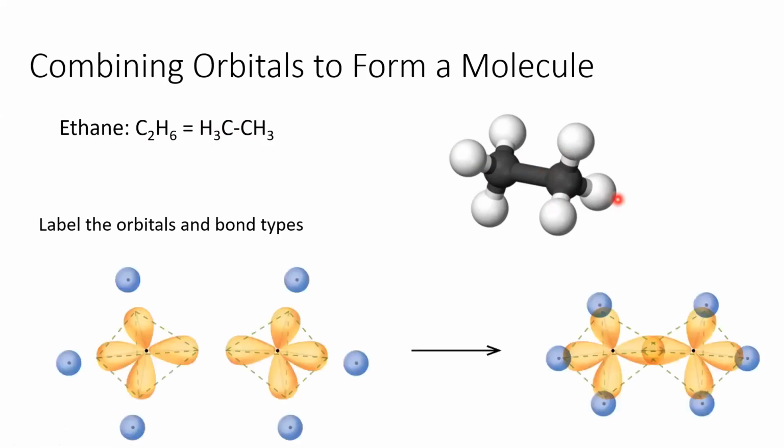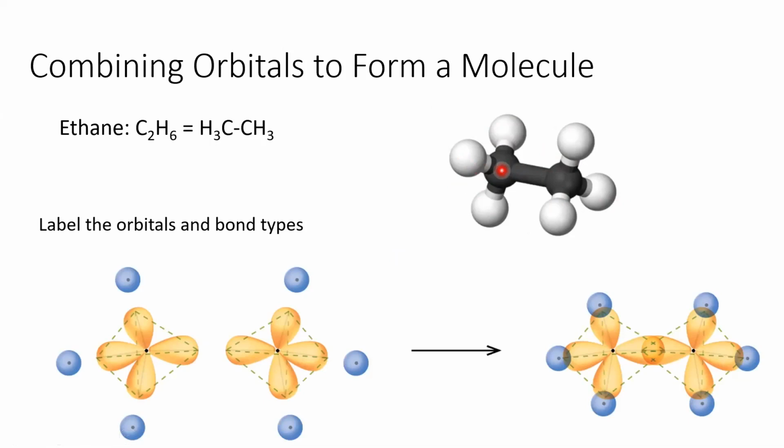Well, if we wanted to talk about the hybridization for this molecule, okay, let's look at this carbon here first. Well, there's 1, 2, 3, 4 things coming off of this carbon atom.